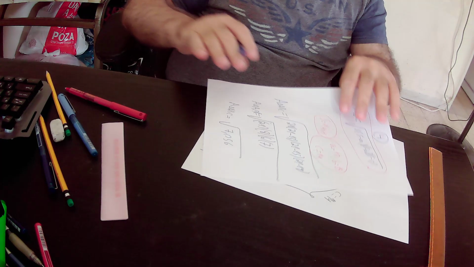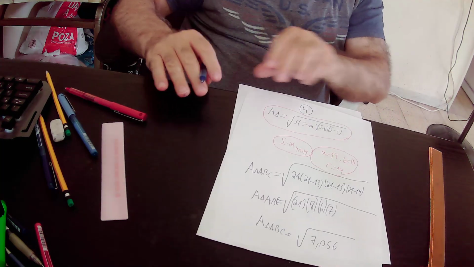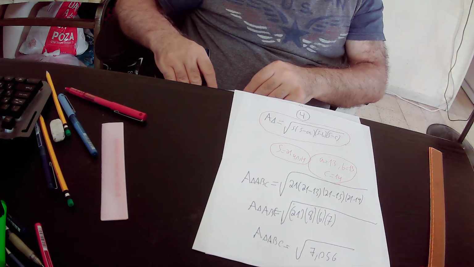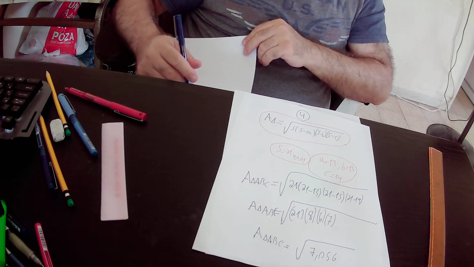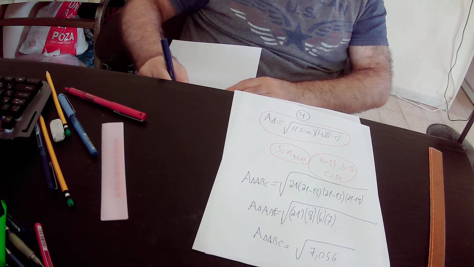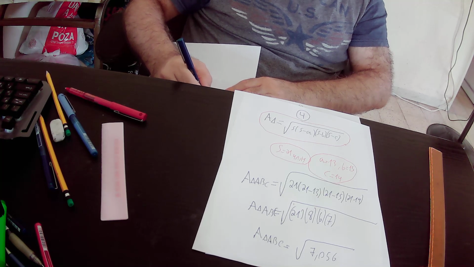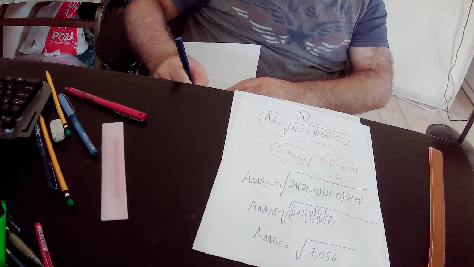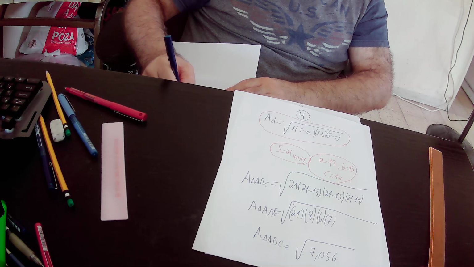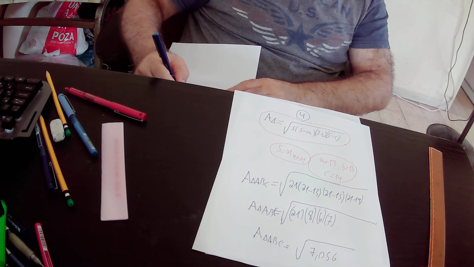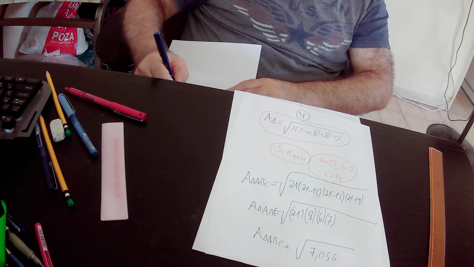Okay, the area of our triangle ABC equals the root of 7056, and the root of 7056 equals 84. So the area of triangle ABC equals 84 square units.